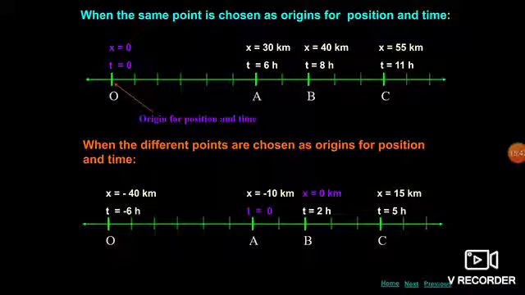Now if you go to point B, here x is equal to 0 kilometers, that means B is taken as the reference point for distance or displacement.